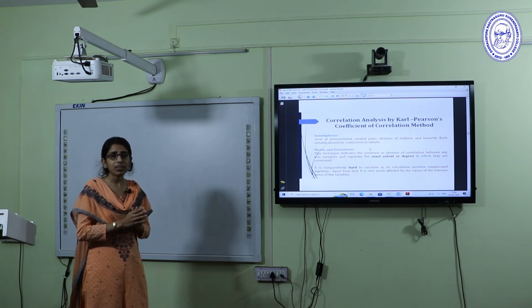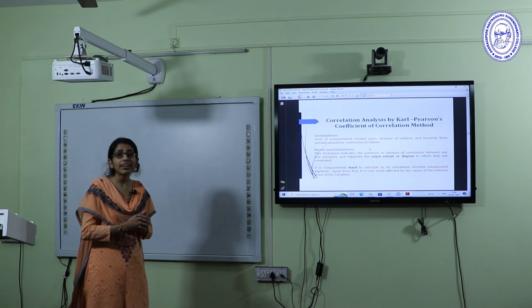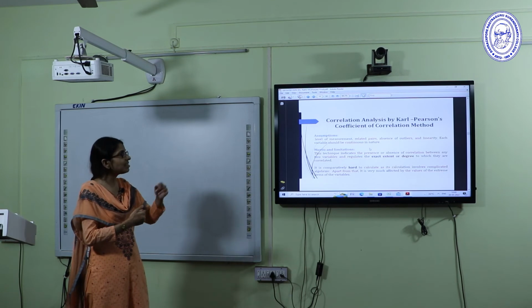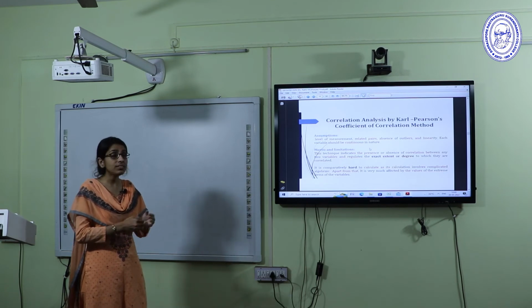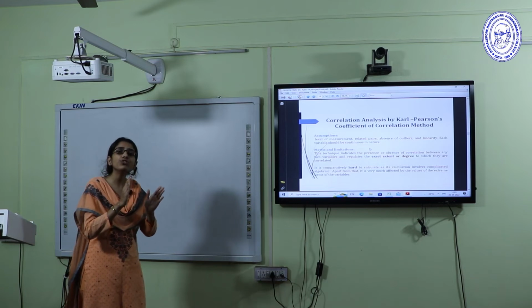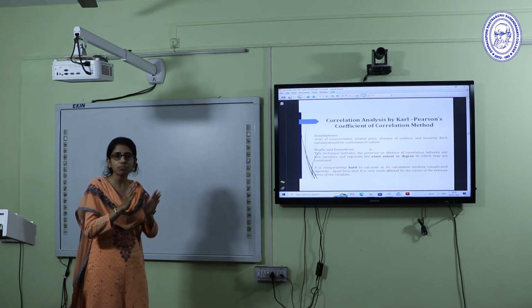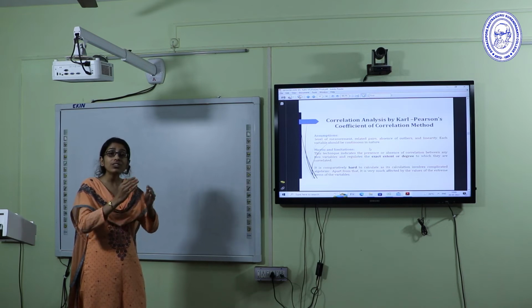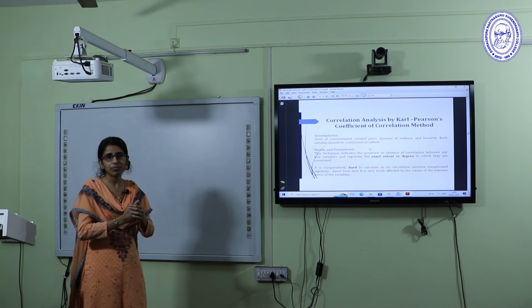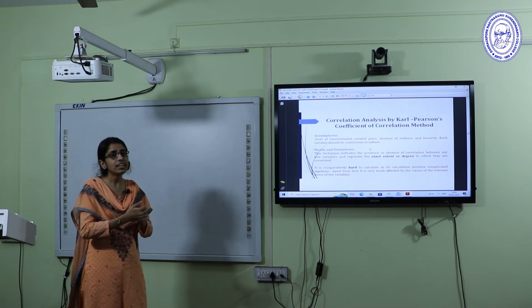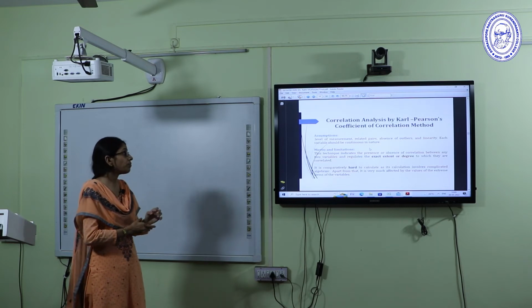As we say, garbage in, garbage out, that is applicable here. If you want to show the correlation between two variables in Pearson's method, you have to select only those variables which are related to each other. Variables which are not related at all are not suitable for this kind of method.